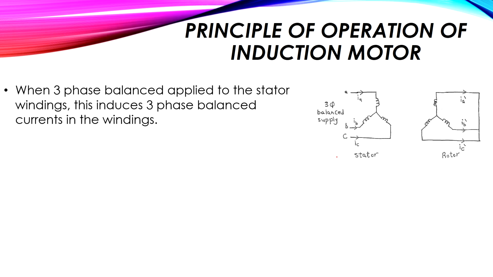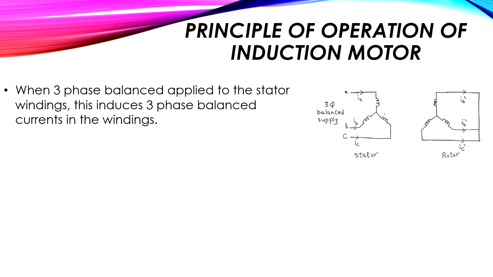So this will cause a three-phase balanced current. The three-phase supply causes three-phase balanced currents, IA, IB, IC. The three currents are shifted by 120 degrees. Why? Because the supply itself is shifted by 120 degrees.